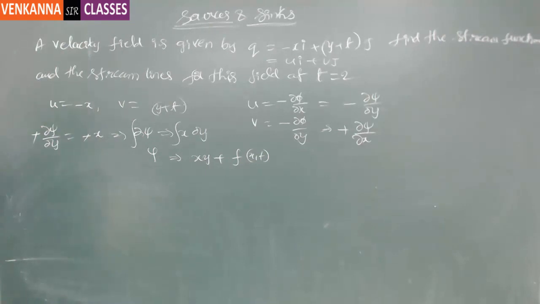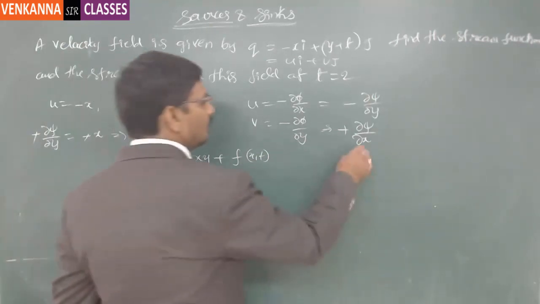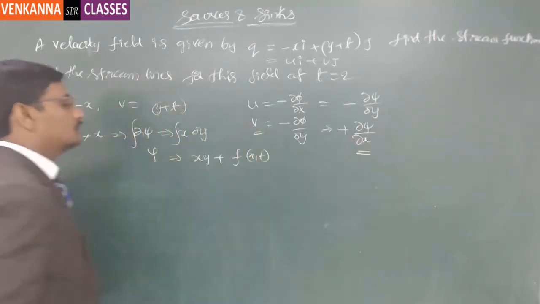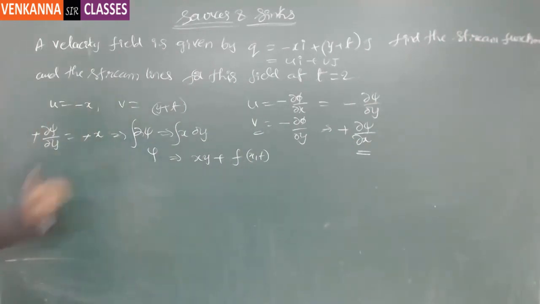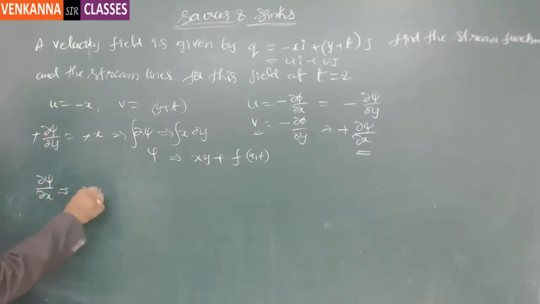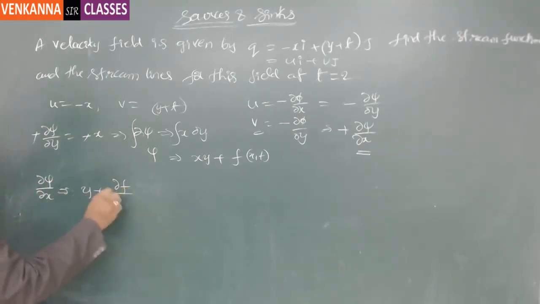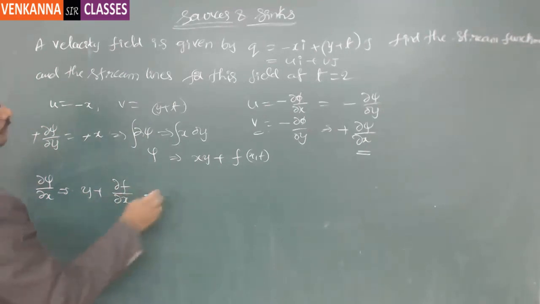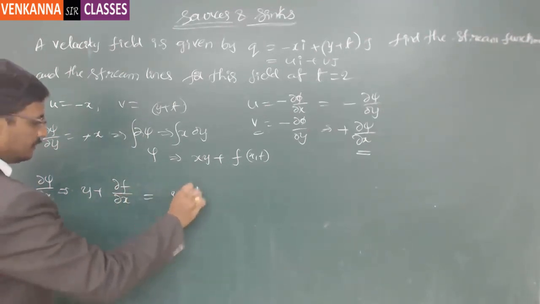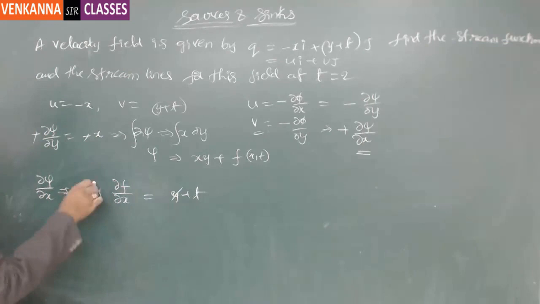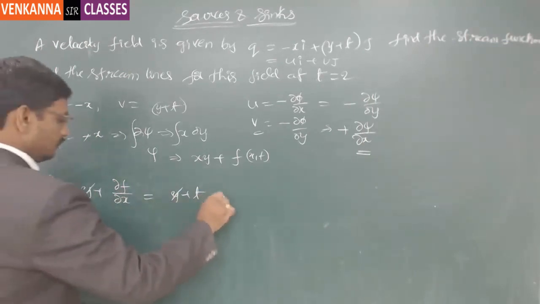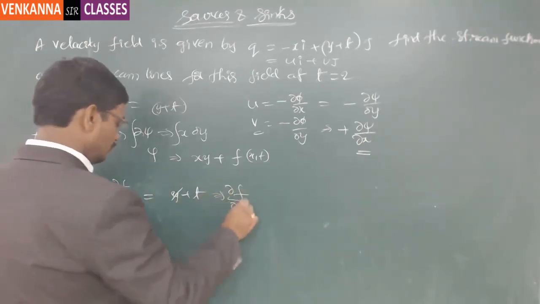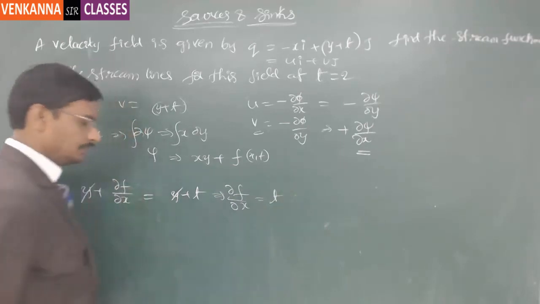And then from the other relation, dou psi by dou x is equated to v. We know psi now, so the derivative with respect to x gives y plus dou f by dou x is equal to the y component, y plus t. So y and y will cancel out. It implies dou f by dou x is equal to some function of time t.